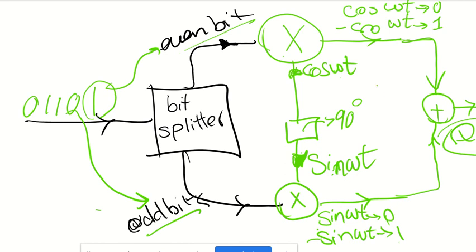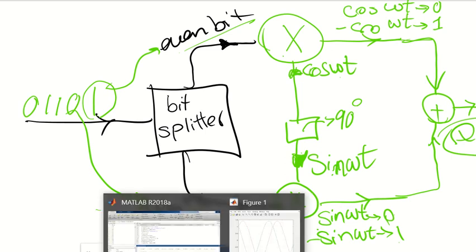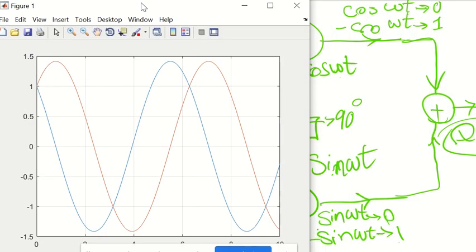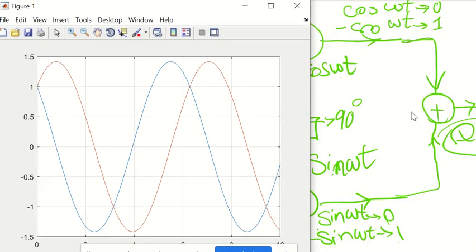When I was preparing my course notes, I went with MATLAB and just simulated 2 different ones of these, cosine and sine. And I saw that, for example, if this is 0, 0, this is 1, 1. So 0, 0 has a different 90 degrees.